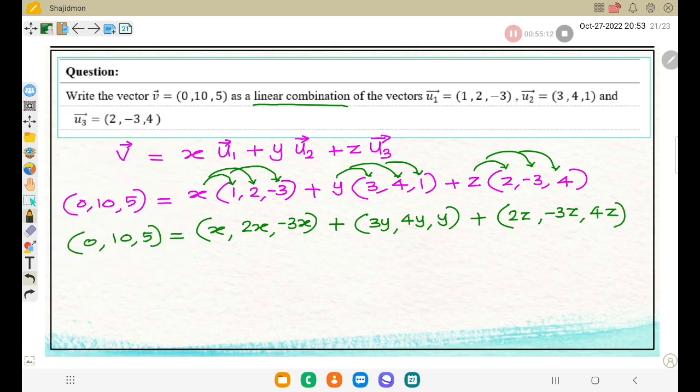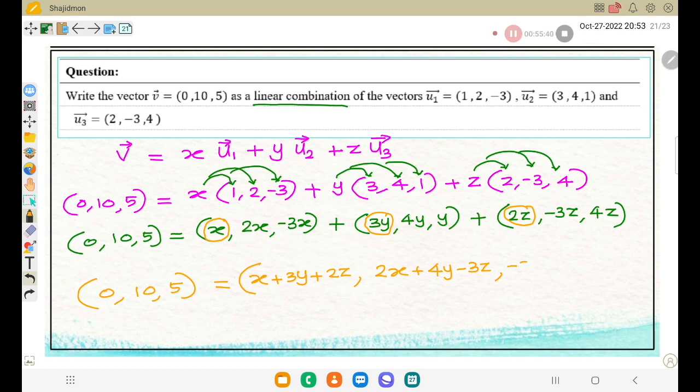That means we can write (0, 10, 5) equals, add the first components, the x component: x plus 3y plus 2z, comma, second components add: 2x plus 4y minus 3z, comma, third components add: -3x plus y plus 4z, correct?